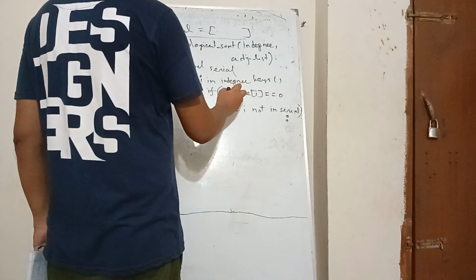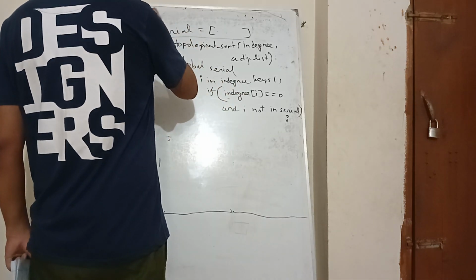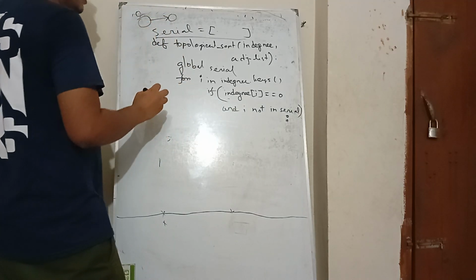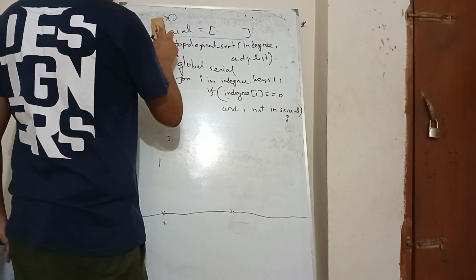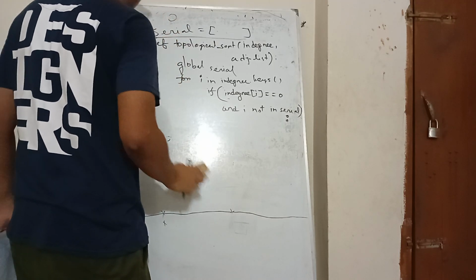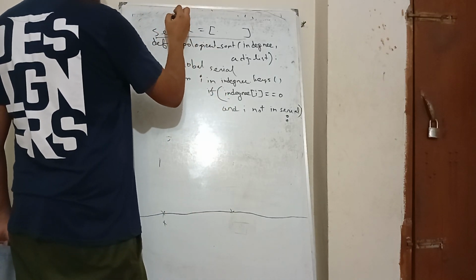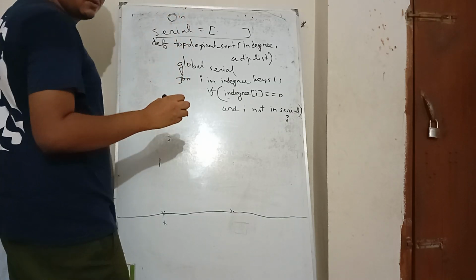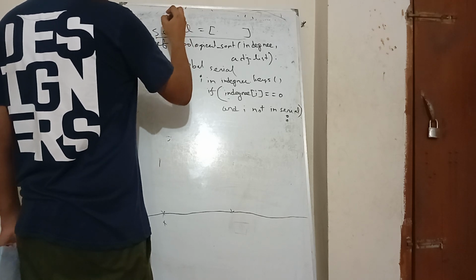We remove i. Previously we saw the vertex with in degree 0 is removed first. Okay, and we decrease the in degree count of the other vertex.